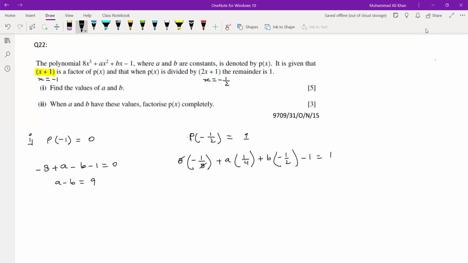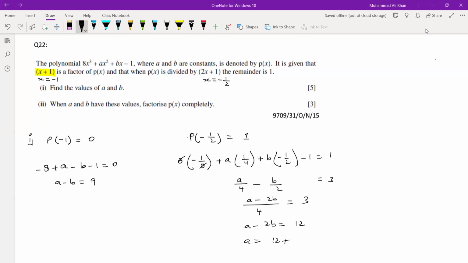Here it will be -1 -1, लास्ट जो कांस्टेंट है -1 -2, ये दोनों चले गए उस तरफ. So 2 plus 1 is 3, and here it is a/4 minus b/2. By taking LCM of 4, it is a minus 2b equals 12. This is equation 2.